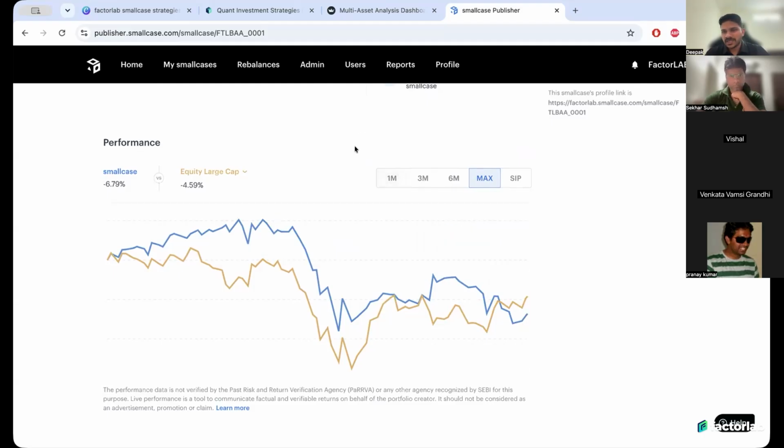And we've noticed that in our back testing as well. There are times when it is underperforming the benchmark, but we've seen that quickly recovering, right? So we are expecting this rebalance to further shoot up the blue line over the yellow line, right? So that's about the performance of our strategies.